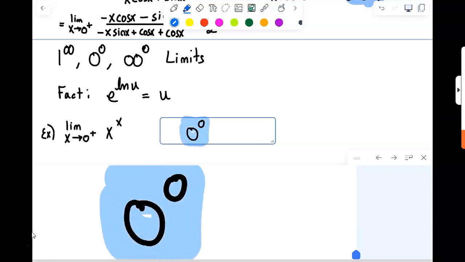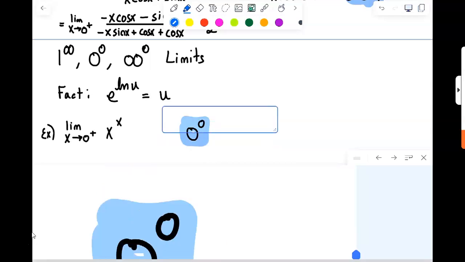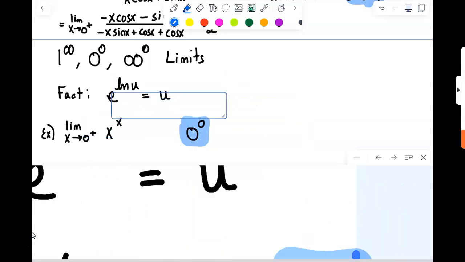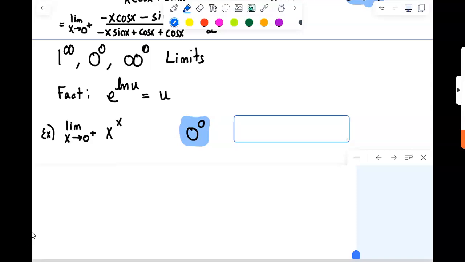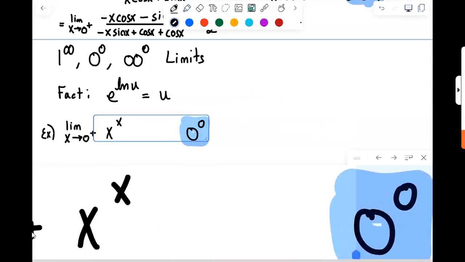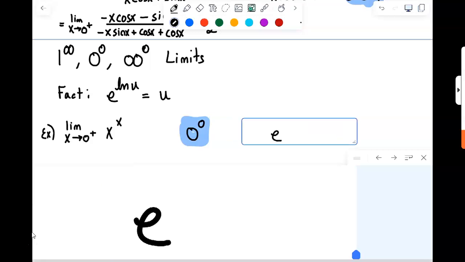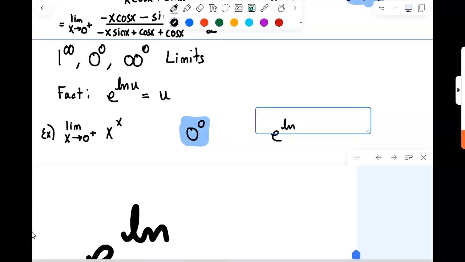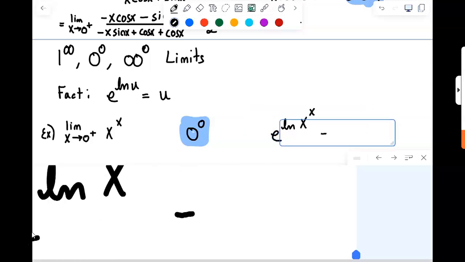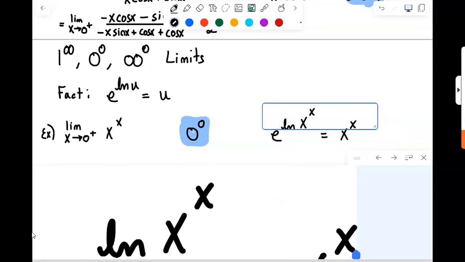The key idea is that if you take e to the ln of something, it's equal to the original thing. So if I take e and raise it to the ln of x to the x, that is the same as x to the x, because the e and the ln cancel out.